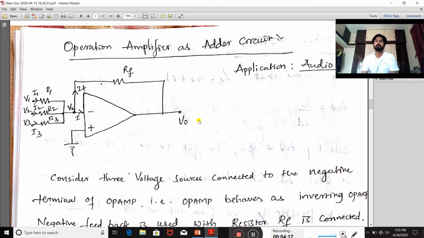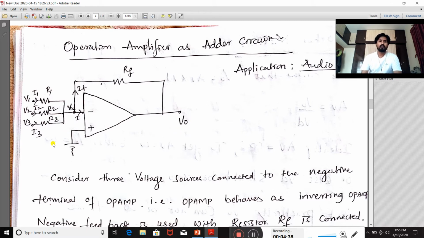That will be the objective of this adder circuit. But as we are using an inverting operational amplifier here, at the output side the minus sign will show that it is the inverted side. Let's see how actually it works.